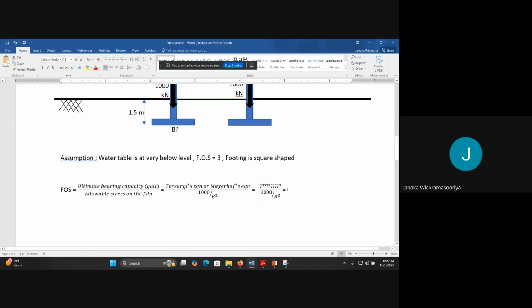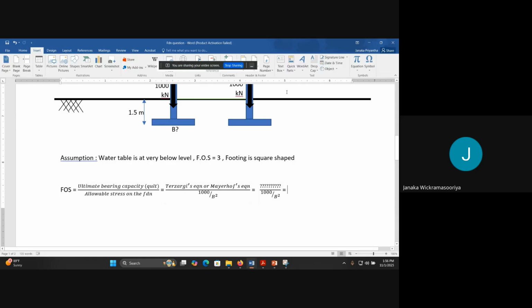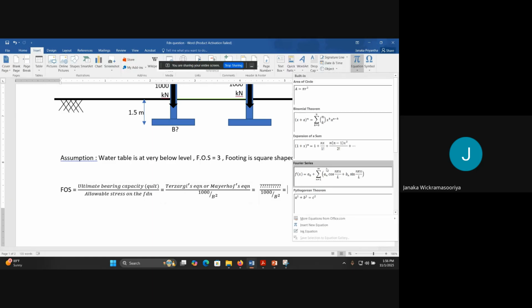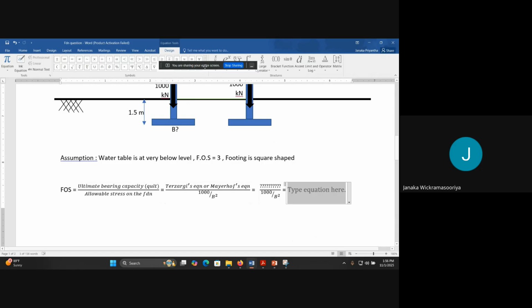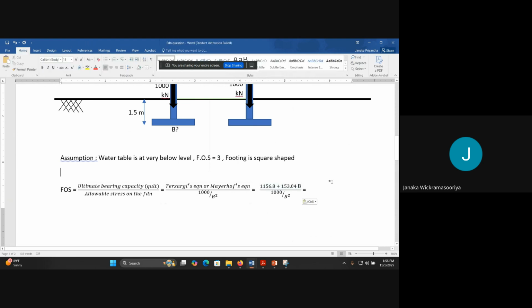Then we will put it there. Insert equation. Now we were here. Yes, we can put it just there, no? Then we don't need this one. We will just put it there. Right.